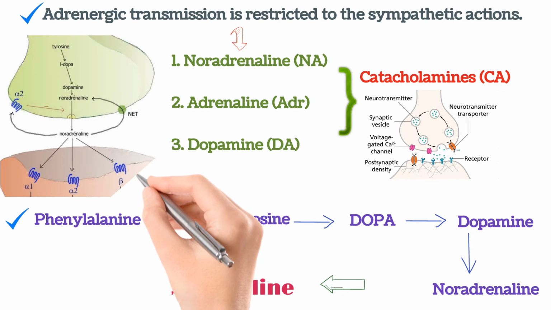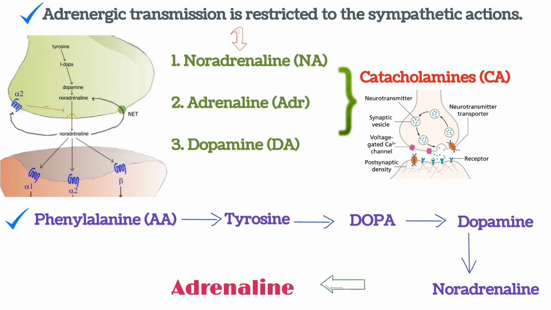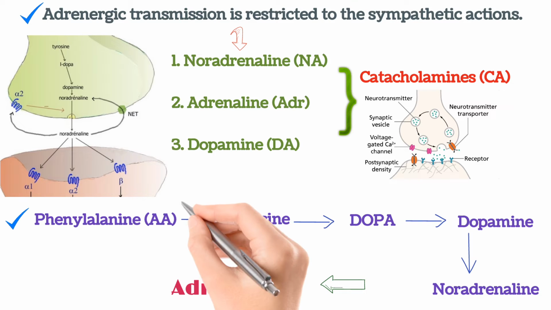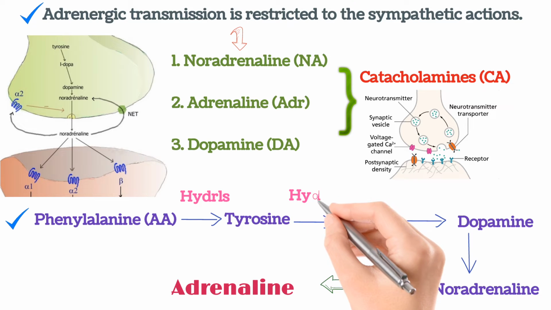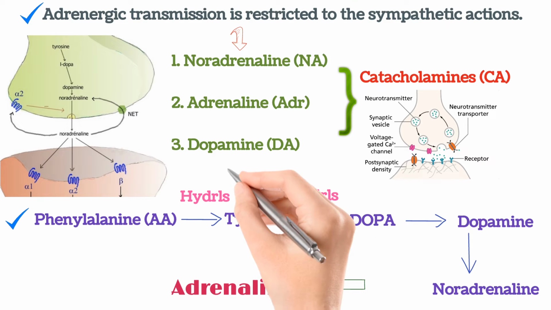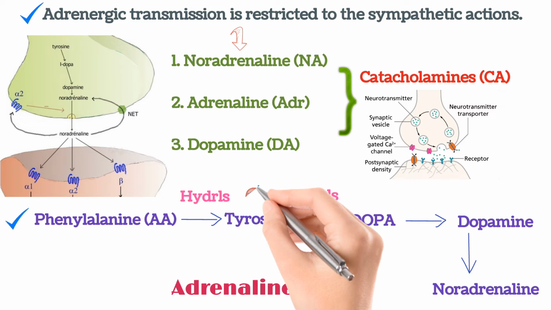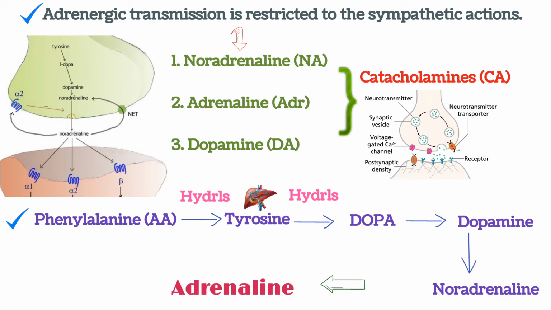Alright, so this pathway we can understand through this picture as well. Just have a look. Till now we haven't mentioned the enzymes involved in these reactions. The first and second reactions are carried out in the presence of hydroxylase enzyme, and we mentioned this occurs inside the liver.